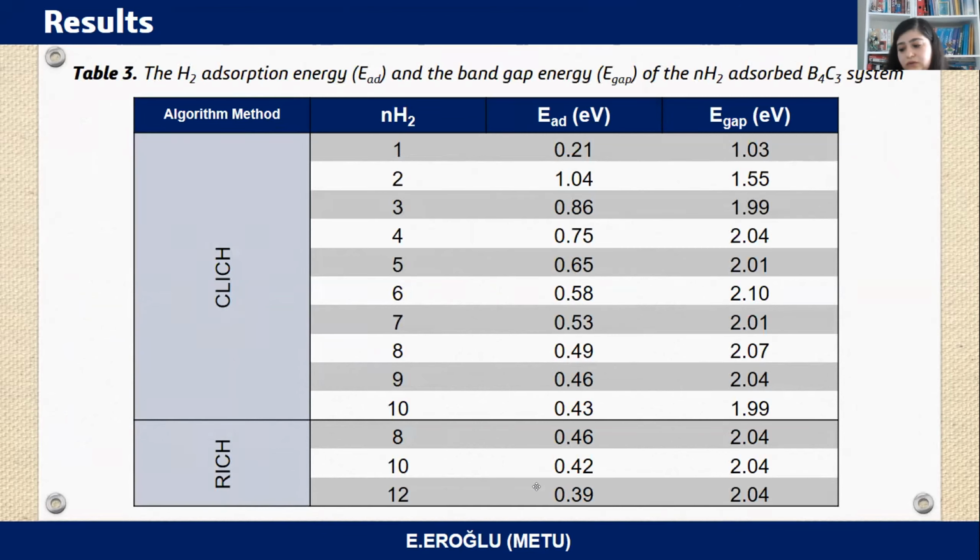The band gap of the systems is in the range from 1.03 to 2.1 electron volts. So we can say our system shows semiconductor properties. It is a fact that calcium decorated boron carbon systems are more suitable than pure boron carbon systems for hydrogen storage.